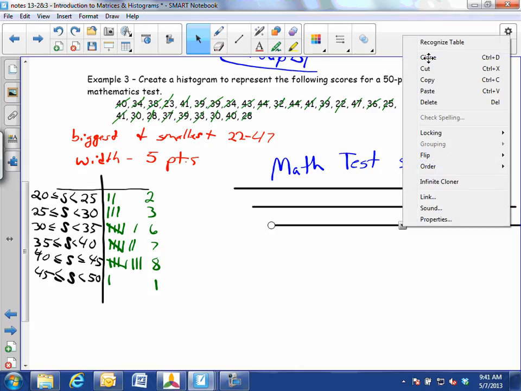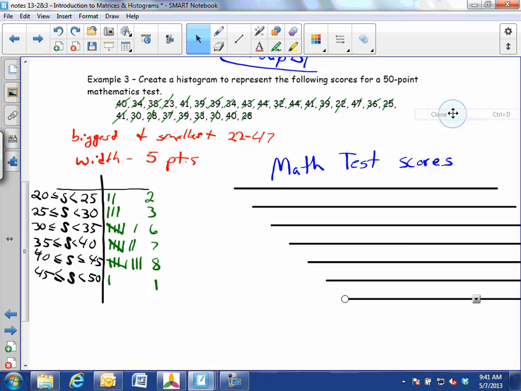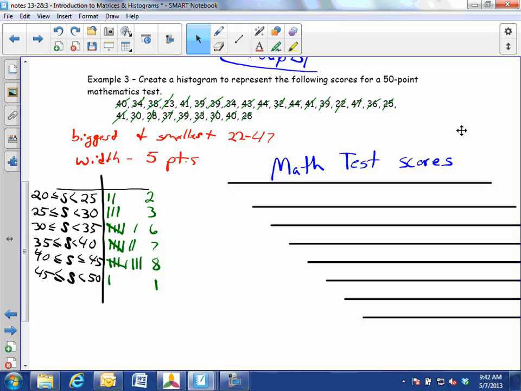We said our biggest and our smallest were 22 to 47, so we said 20 to 50 goes this way. For the other axis, we need to go from 1 to 8, so I'd go 0 to 9.